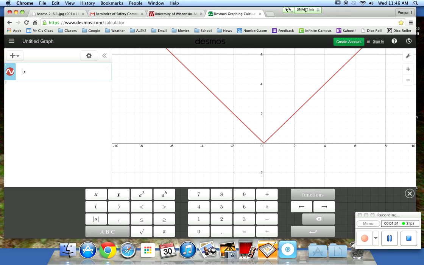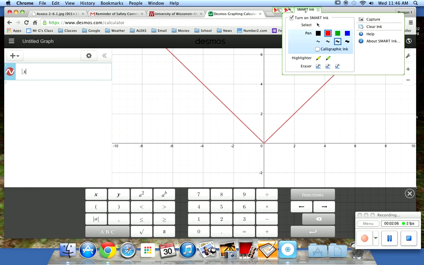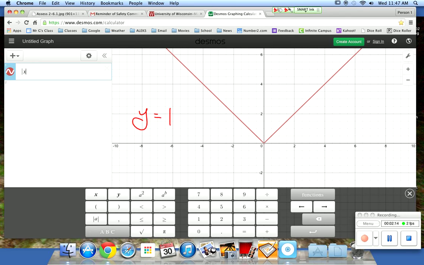All right. So my absolute value, notice what happens. I just took the absolute value of X. So no matter what happens, my Y value will always be positive. Let's use red here. Y equals absolute value of X. So if I put in a 2 for my X, my Y is going to be 2, right?